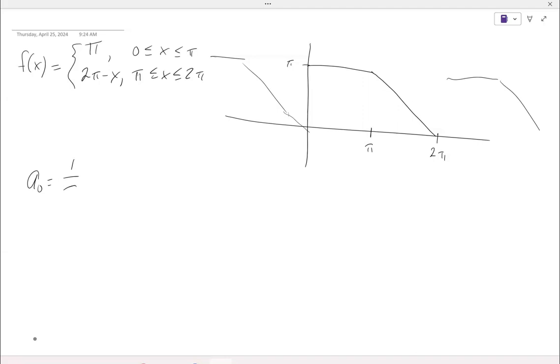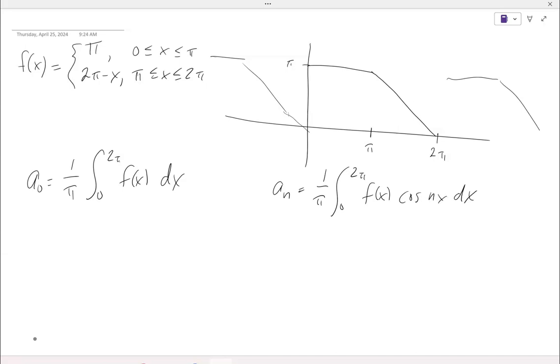Okay, good. So we're going to do the 1 over pi integral from 0 to 2 pi of the function, right? When we wrote that 1 over pi piece, it's because we're trying to make it mirror the other a's, right? Your other a's are the cosine pieces. And if I let n equal 0, then I get the exact same formula for that, right? Instead of cosine for the b's, we use what? The sine. Good.